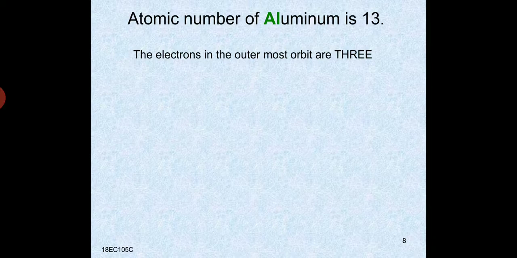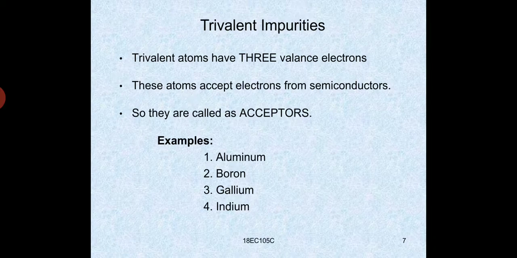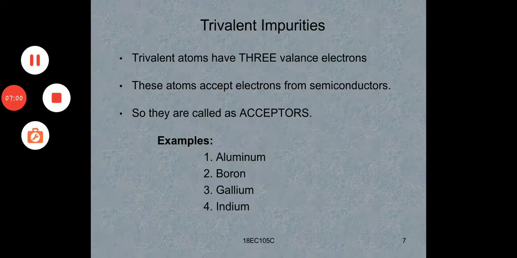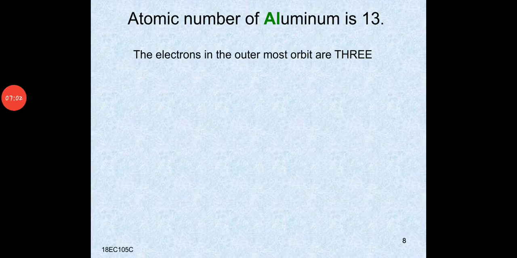Well, let us see an example of aluminum. The atomic number of aluminum is 13, and as per the structure, the outermost orbit will have only 3 electrons.